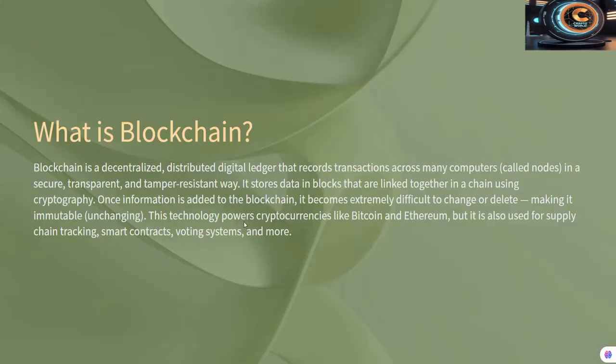This technology powers cryptocurrencies like Bitcoin and Ethereum. The things that we do in the form of data are secured in the blockchain. If we transfer or take Bitcoin or Ethereum from the blockchain, it is stored in these nodes.